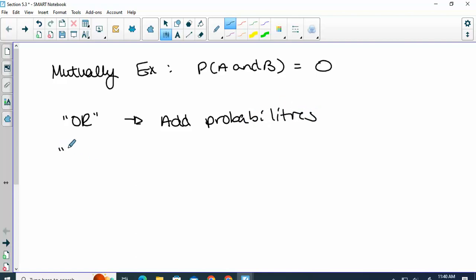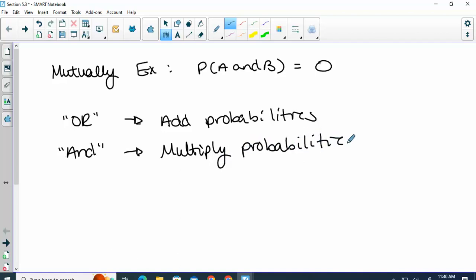Today we are going to be talking about and statements. And for and, we will multiply the probabilities. So, or means add, and means multiply. That's something that we will have to remember moving forward.